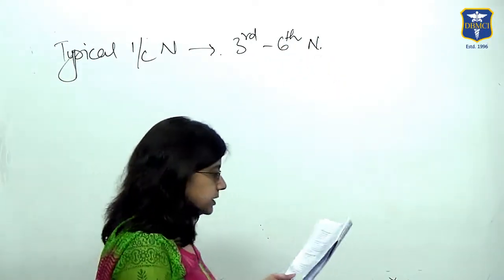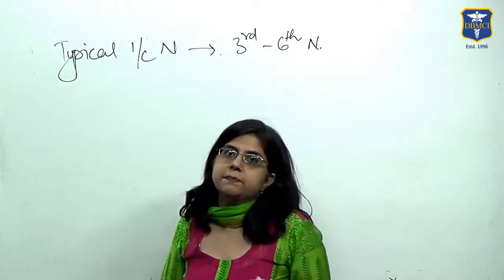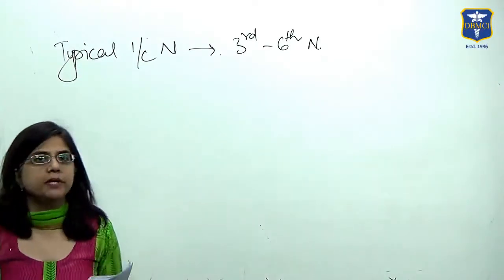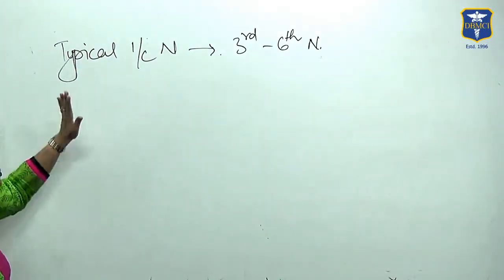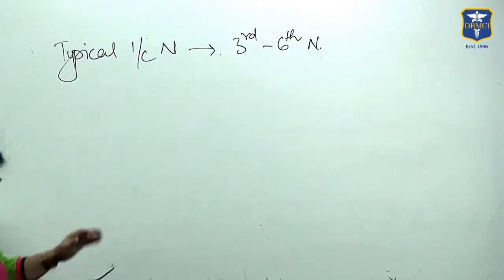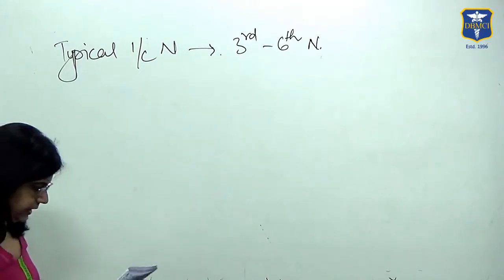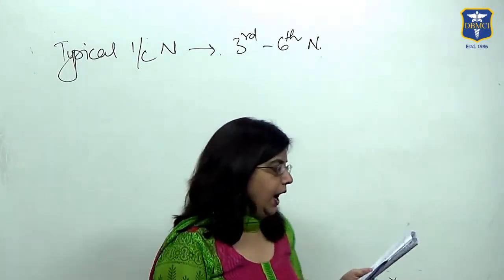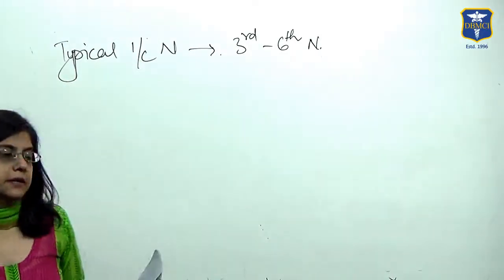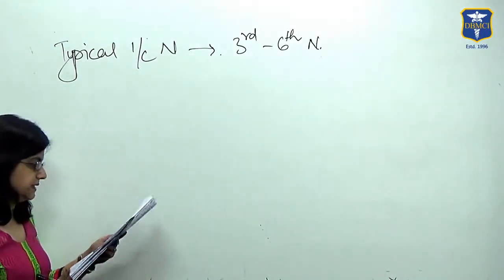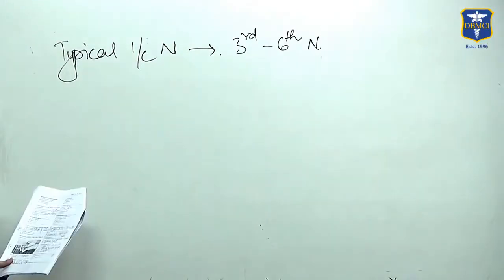The 7th intercostal nerve also supplies the anterior abdominal wall, and since it is supplying the abdomen, it is not a typical intercostal nerve. Question 110, the answer is C. This has been discussed earlier.